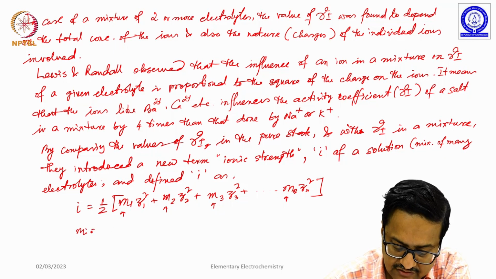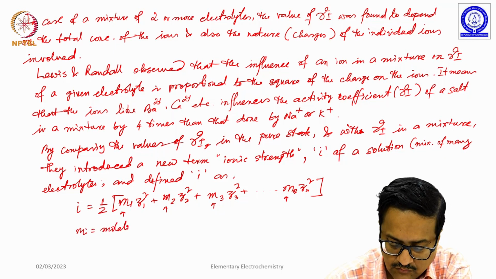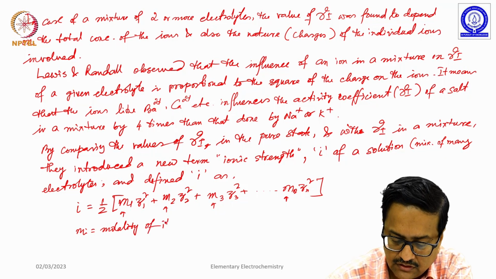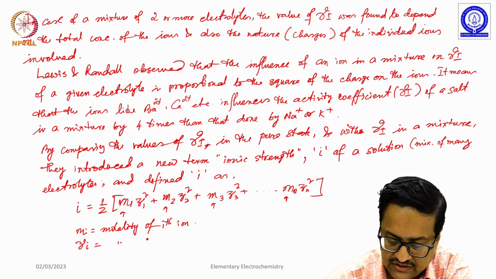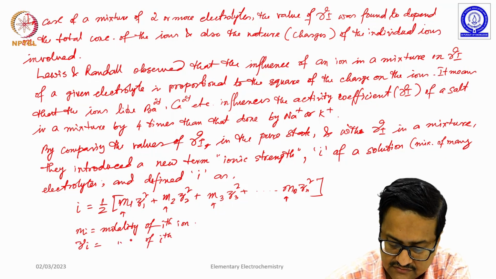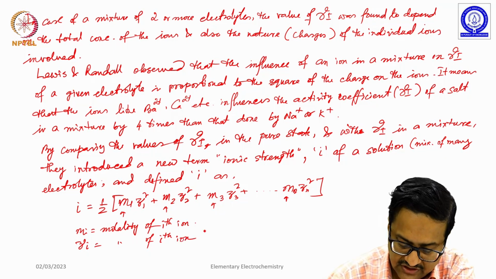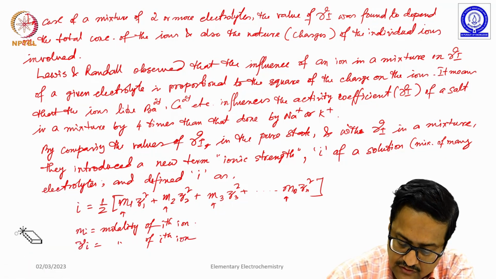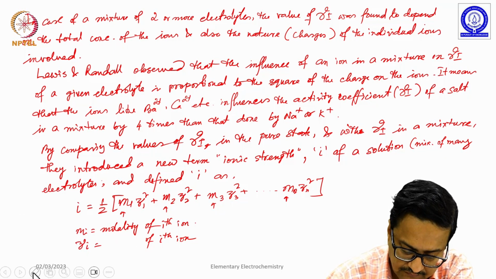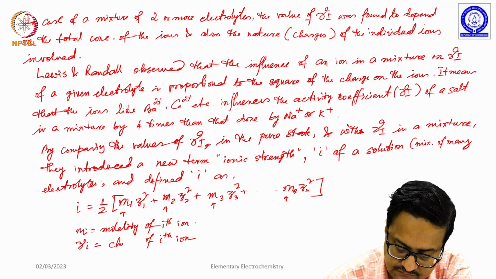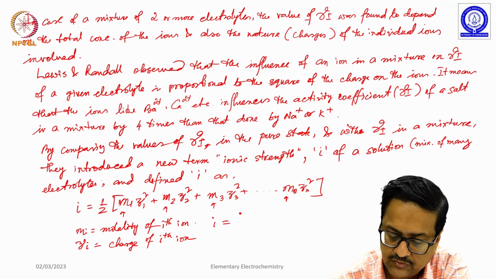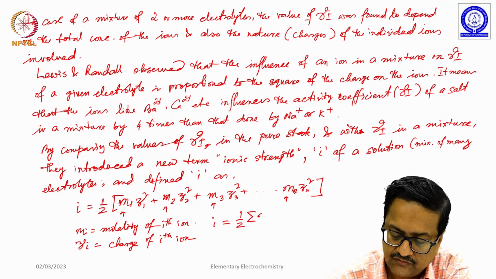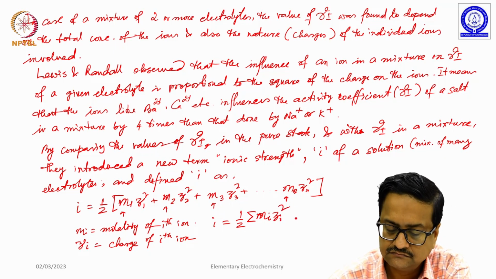So, Mi is the molality of the ith ion and Zi is the charge of the ith ion. So, I is nothing but half of the sum over Mi Zi square.